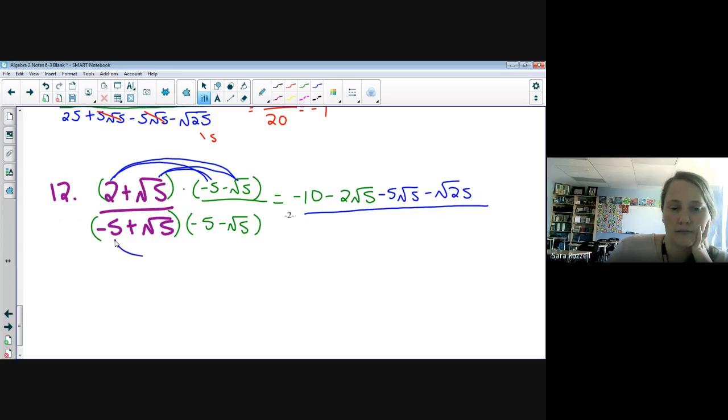Now do the bottom. 25 plus 5 root 5 minus 5 root 5 minus the square root of 25.